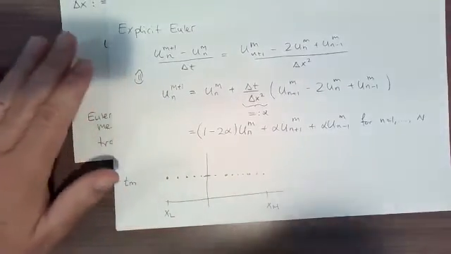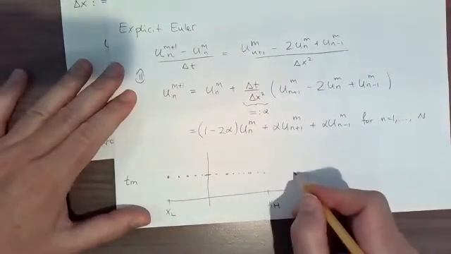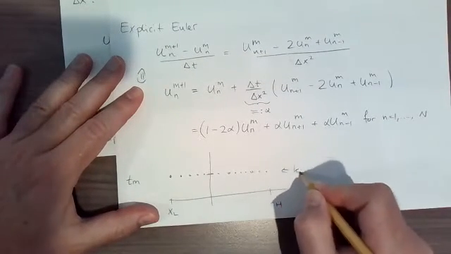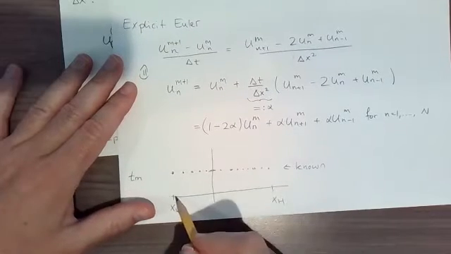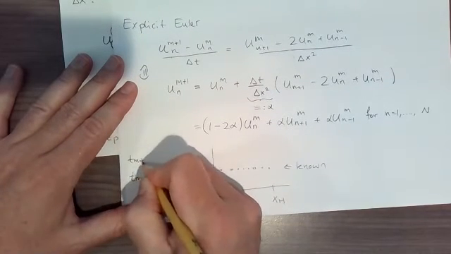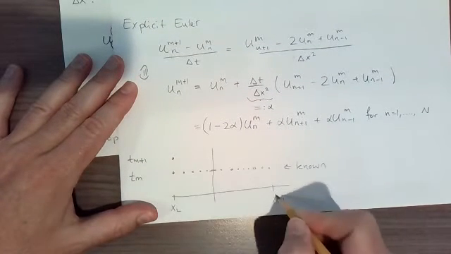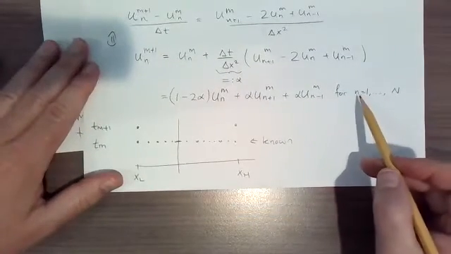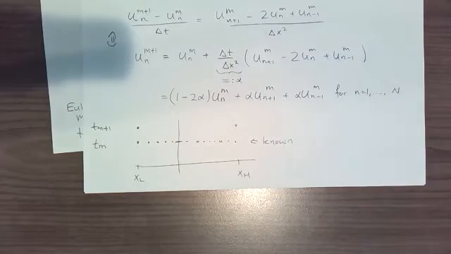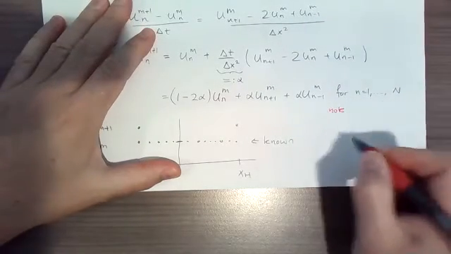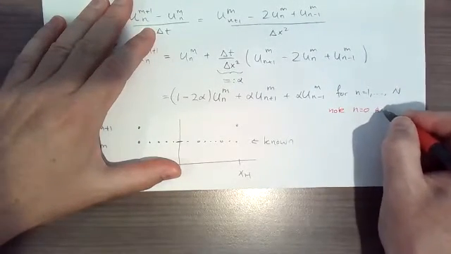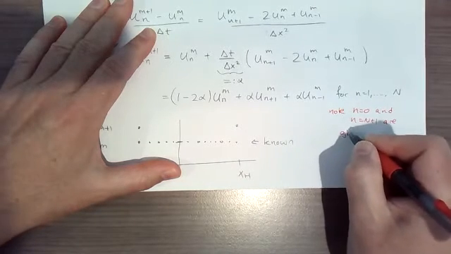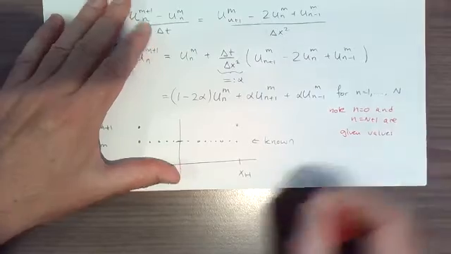Right, and I know the values here. So when I do the Euler scheme step, I will know these ones here, and the other one I know is up at the next one. I'll also know this point here, and this point here. I'm not saying anything about n equal to 0, and so this is just a note here. If I have n equal to 0 and n equal to N plus 1, they are given values, right?